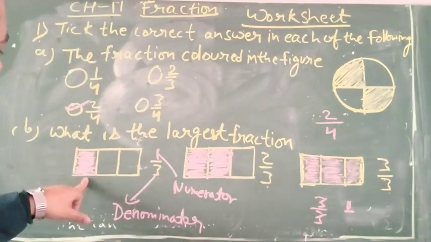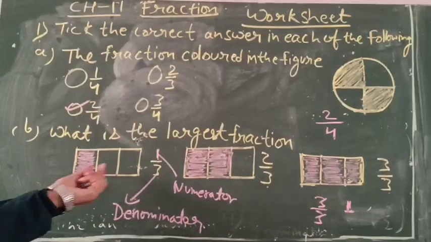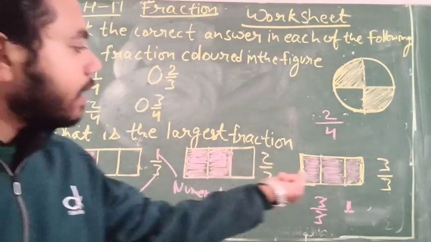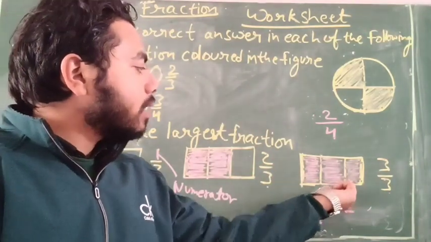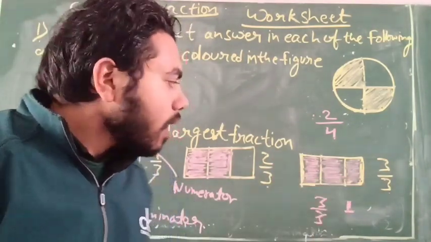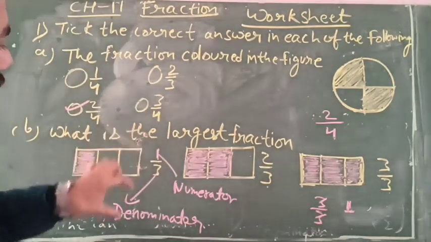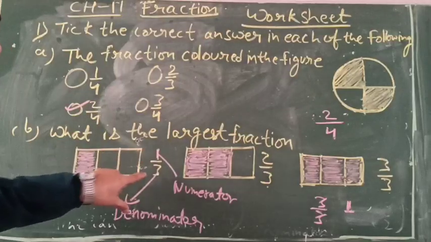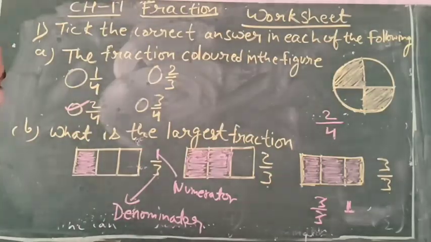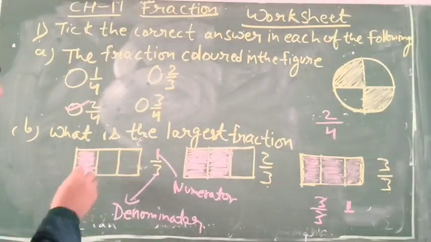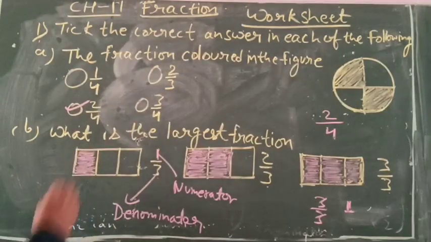But the first figure has 1 part shaded, the second has 2 parts shaded, and the third has 3 parts shaded or colored. So the first represents 1/3, one third. Out of 3 boxes, 1 box is colored.